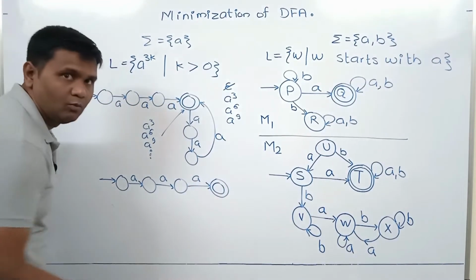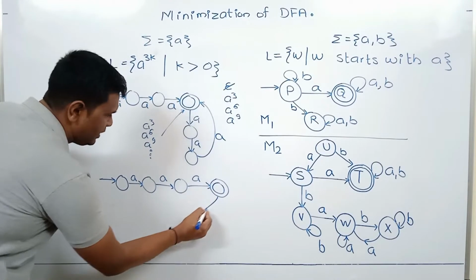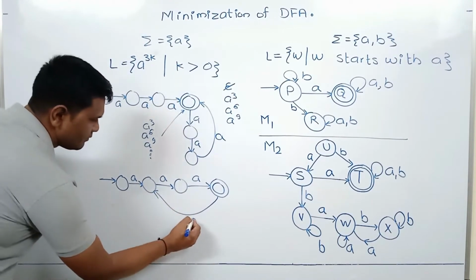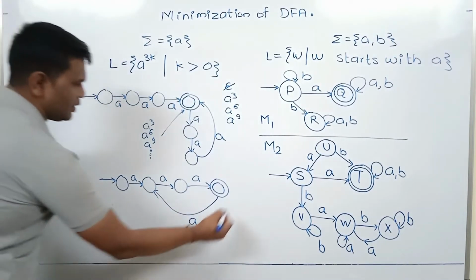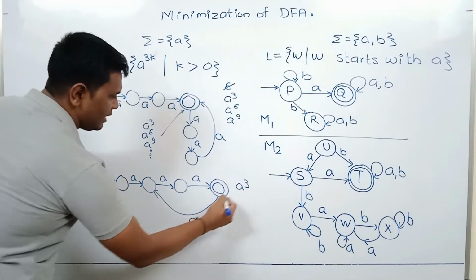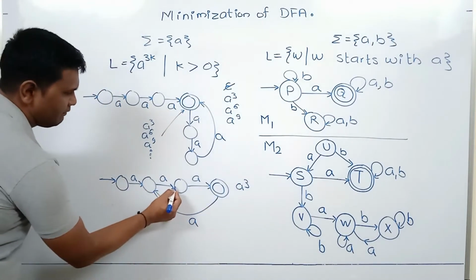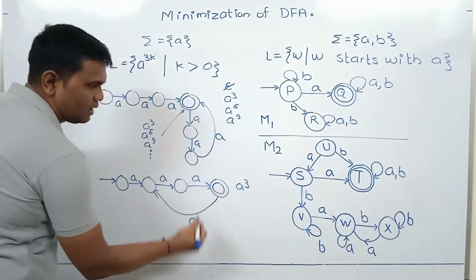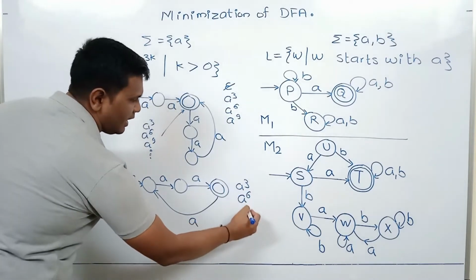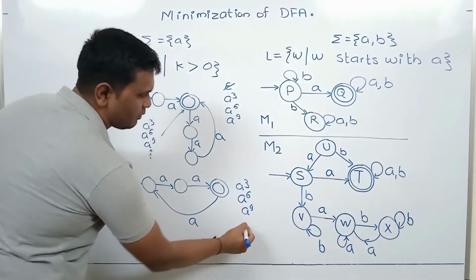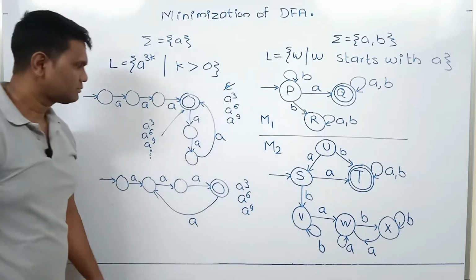Now instead of adding more states, we take loop here itself. So here we have A power 3, A power 4, A power 5 and for A power 6 it will come to again final state, and again A power 9, A power 12 they are accepted.